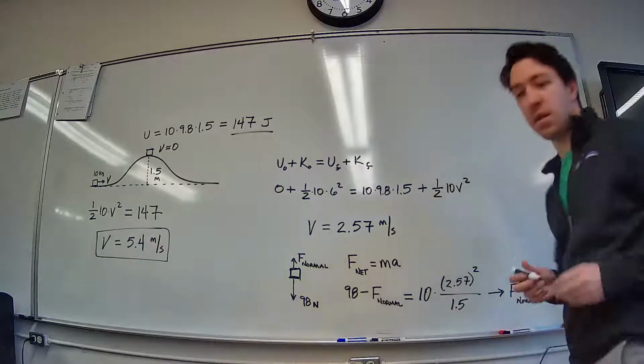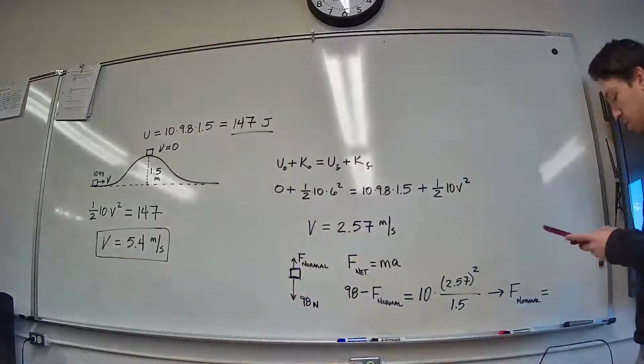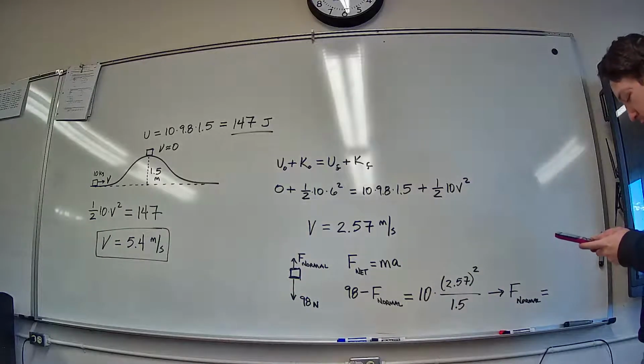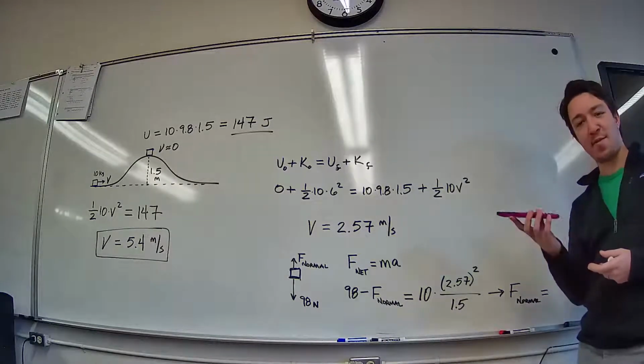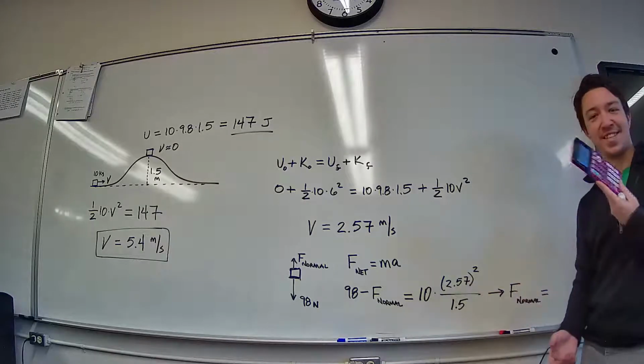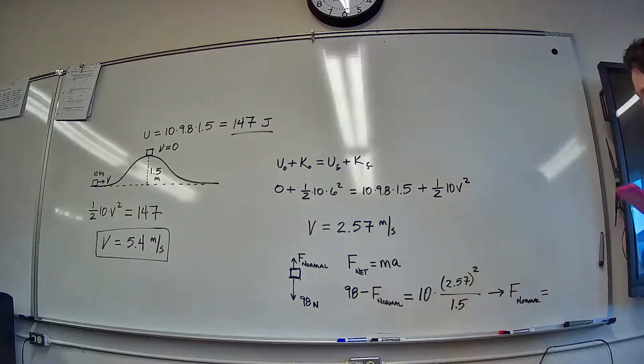What is 98 minus 10 times 2.57 squared divided by 1.5? This is one of the nice things about these calculators. They're insanely overpriced, but doing stuff like this becomes very easy. It's like the only good thing about it. Okay, I'm getting 53.97.